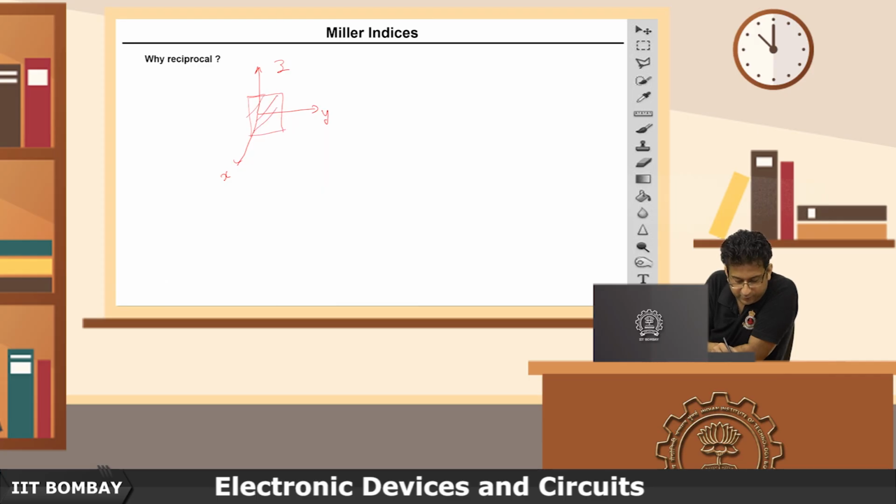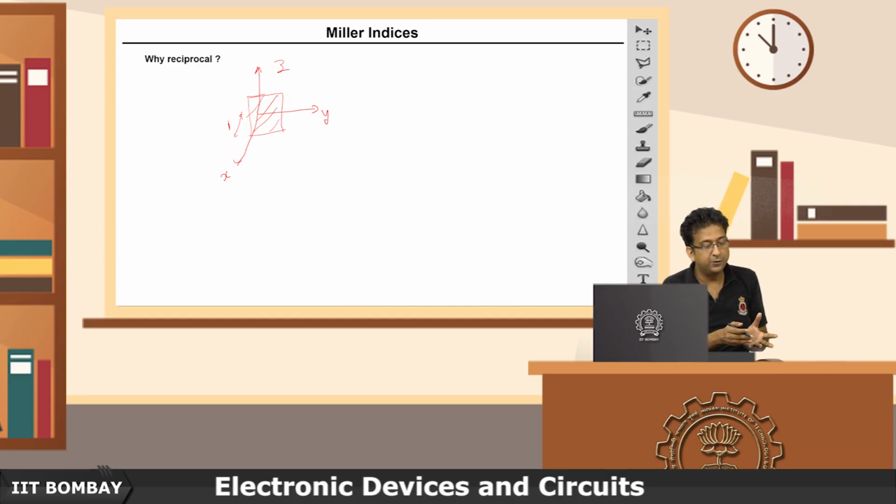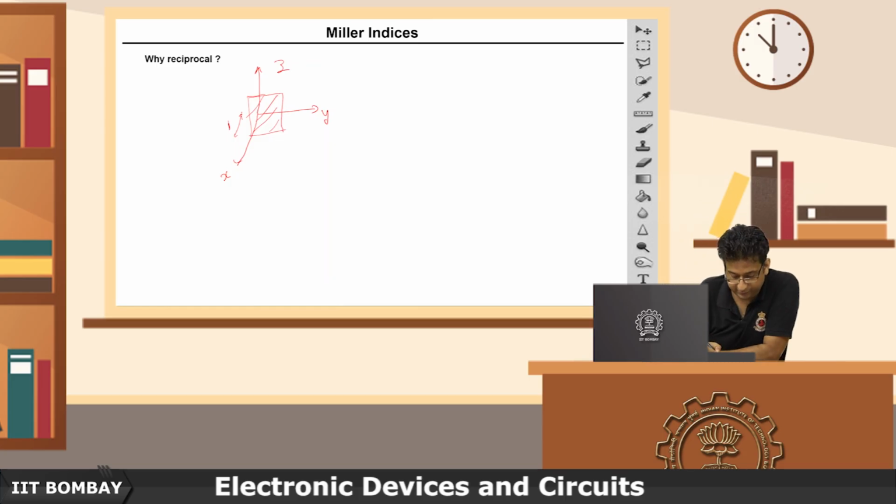It has some intercept on the x-axis, let's say 1, but it doesn't have any intercept on the y and z axis. So how are we going to write the hkl for this case? In this case, it should be 1 because on the x-axis it has 1, and on the y and z axis there is no intercept. So something like 1, infinity, infinity.